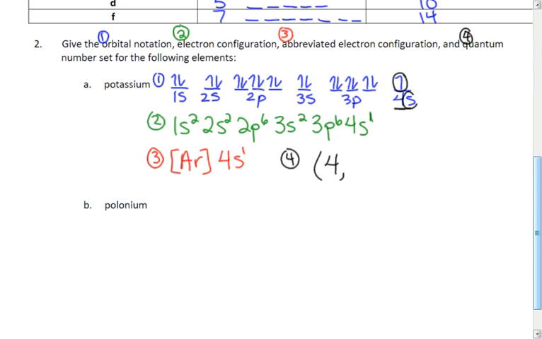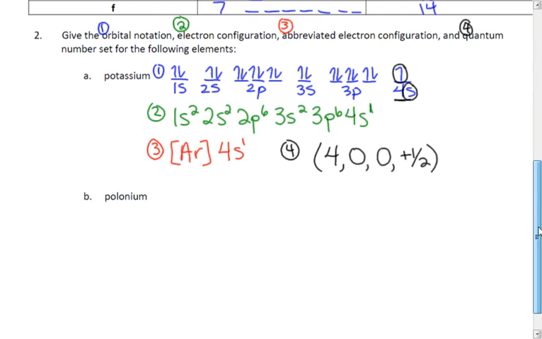Then we look at what type of sublevel it is. S is going to be 0. Right. We look at the position. Which orbital is it in? The middle position, 0. There's only 1 position available. And then it's an up arrow, so it is a positive 1/2. And we'll go over how we come up with those numbers again on the back.